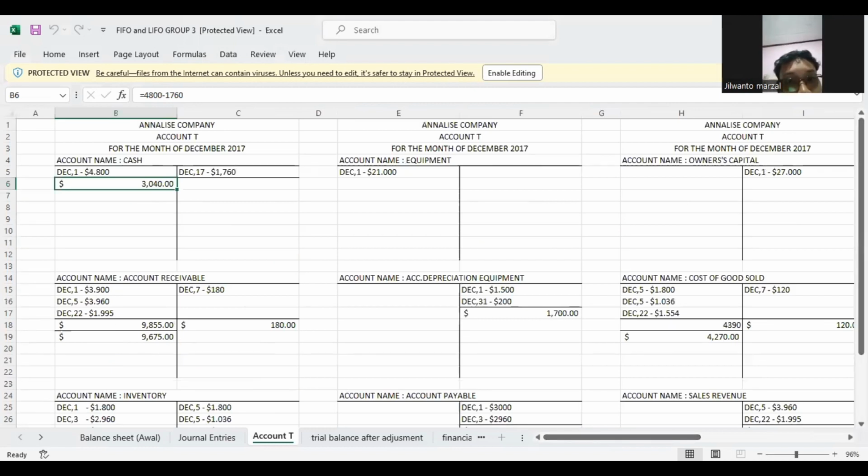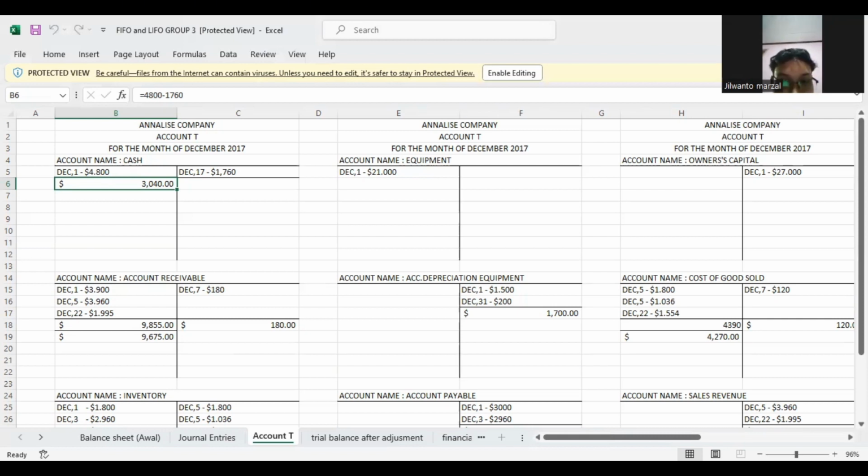We have cash, the amount of final cash we have on 31 December 2019. And then we have accounts receivable, inventory, equipment, and etc. So these amounts of cash, accounts receivable, inventory, and etc. will be posted on the trial balance after adjustment.